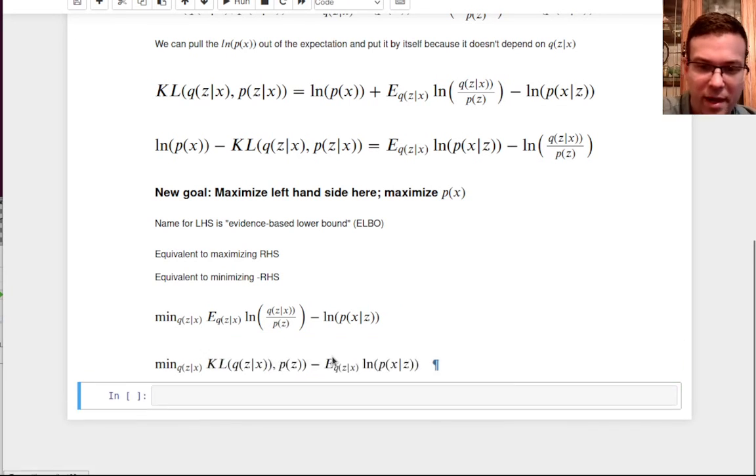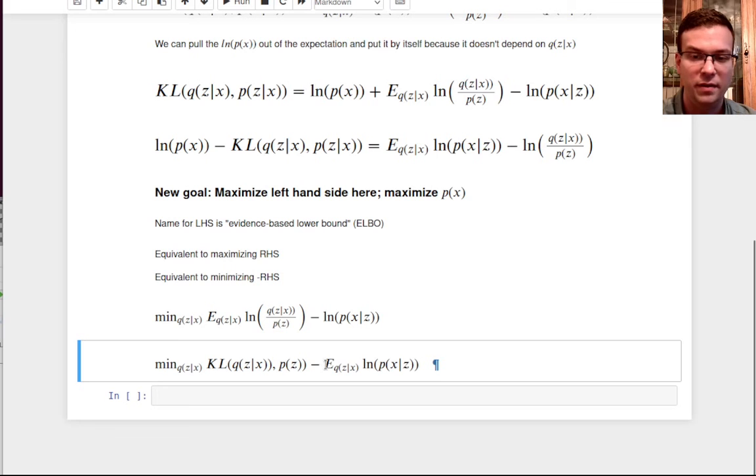So if I rewrite that, I can rewrite this actually as this. So now we're getting really close to a final expression for a loss function that we want to try to minimize. Right? What I'm trying to do here is maximize the evidence-based lower bound, and that boils down to an equivalent minimization of this Kullback-Leibler divergence minus this expectation.